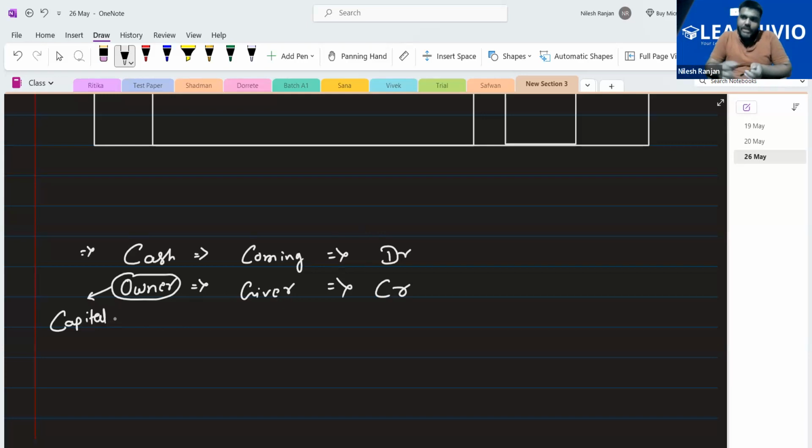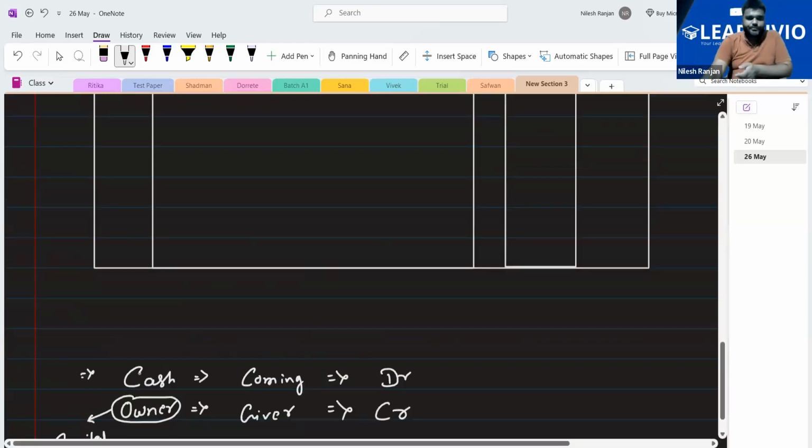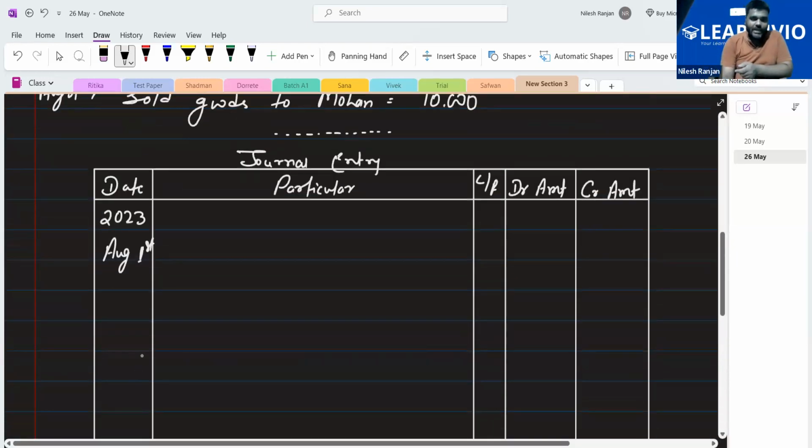So capital account is a personal account, but it is written instead of the owner's name. Is that clear? Good. So we will write here cash account debit to capital account.